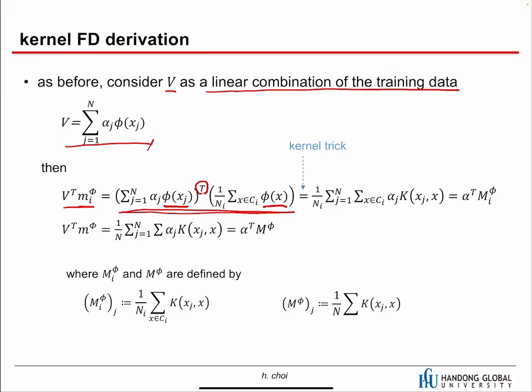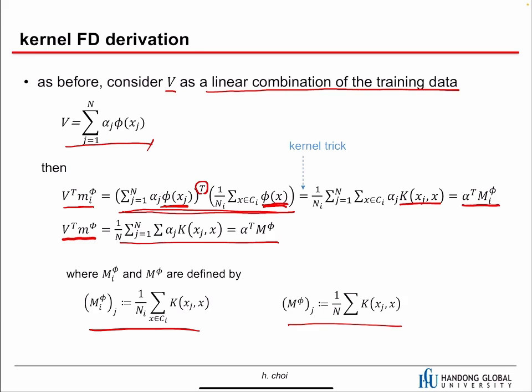This inner product will be replaced by a kernel function. And then we put it in this way. Likewise, phi transpose m phi will be replaced by this. And m sub i phi and m phi are defined by this.